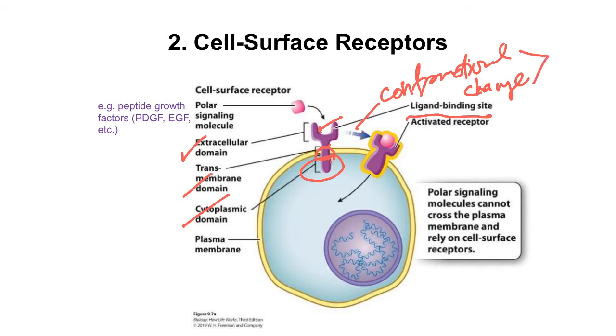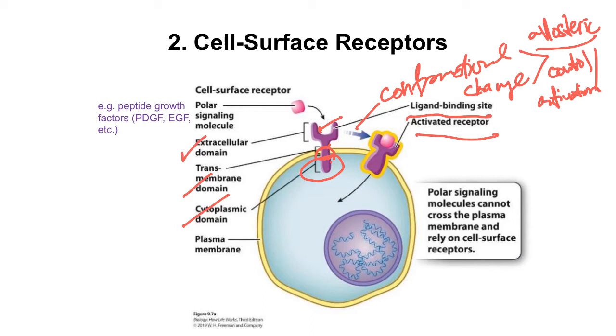Okay, whenever you speak of conformational change, we are speaking of allosteric control or activation. And therefore, as a result of the binding of the polar signaling molecule to the ligand binding site, the receptor gets activated because of this very specific conformational change.